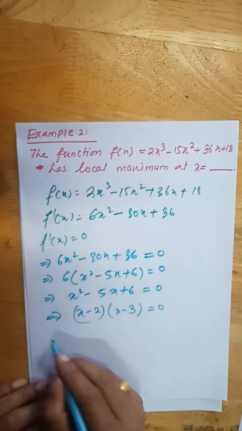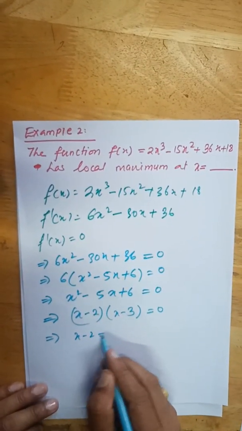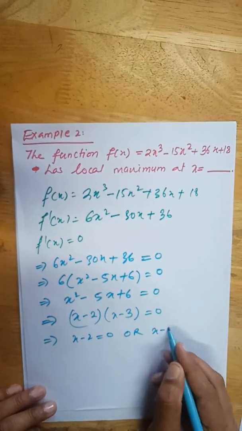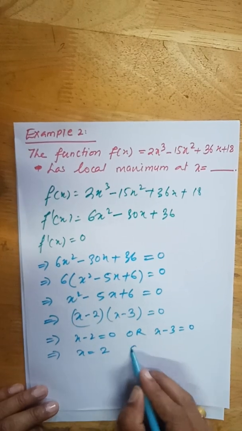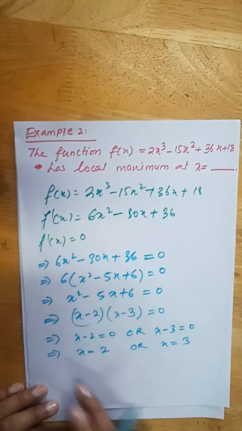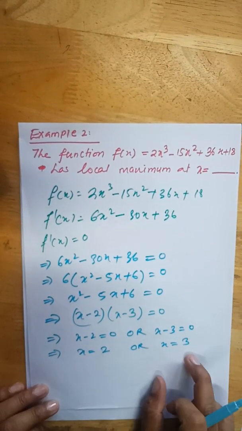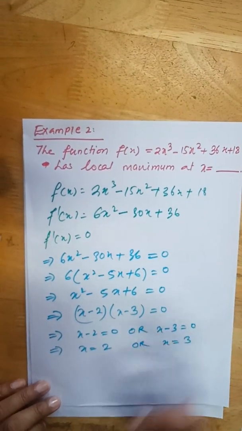So x minus 2 is equal to 0 or x minus 3 is equal to 0. It implies x is equal to 2 or x is equal to 3. So at which value, x equal to 2 or x equal to 3, is it maximum? You need to find that value.